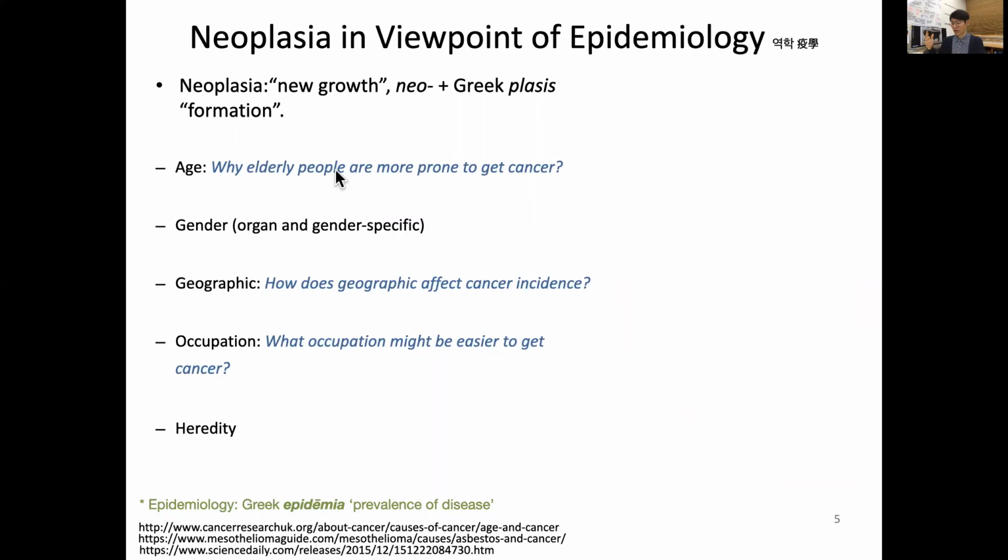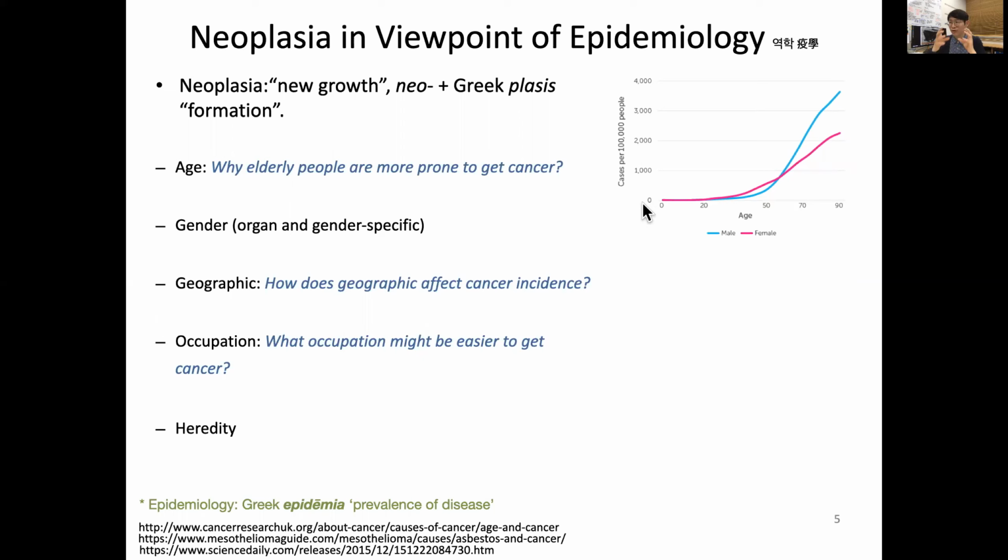Let's look at the data first. The data says that for both male and female, the cases increase over age. So age matters. And why does it go this way? Because cancer is eventually a disease from genetic mutation of a cell, in genes responsible for cell growth and entering cell division.